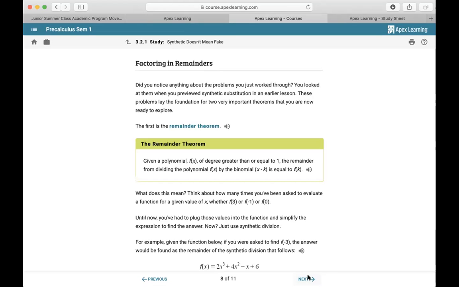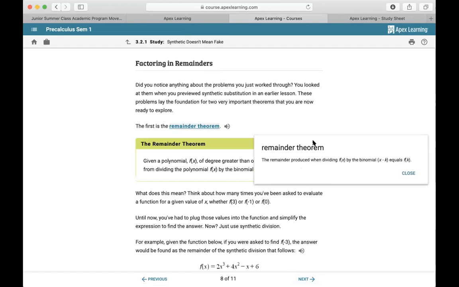All right, then moving forward here, the first theorem we're going to learn about is this remainder theorem. What this remainder theorem is, it's produced when you divide your function by your binomial.